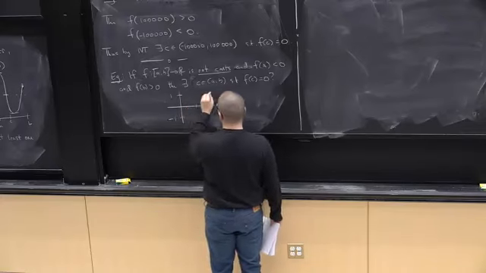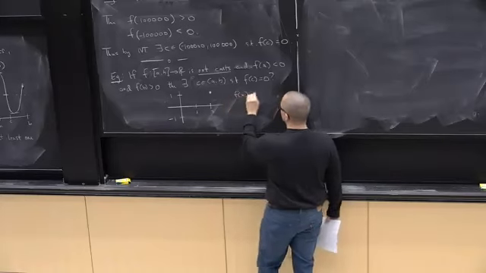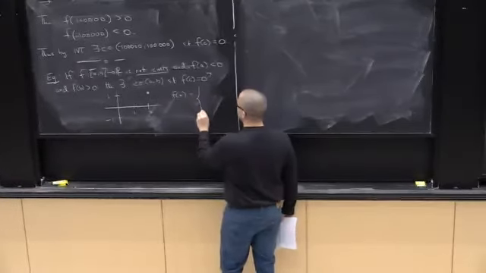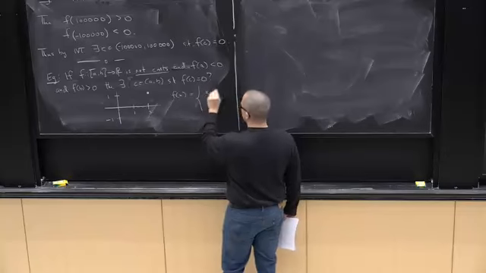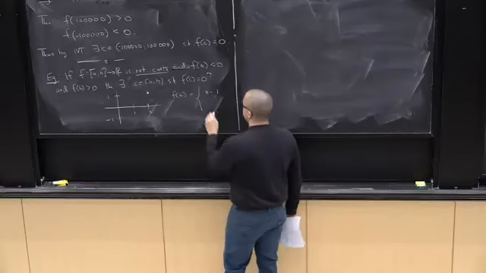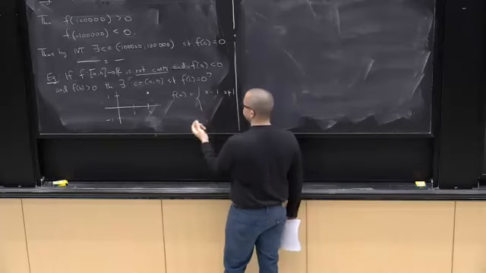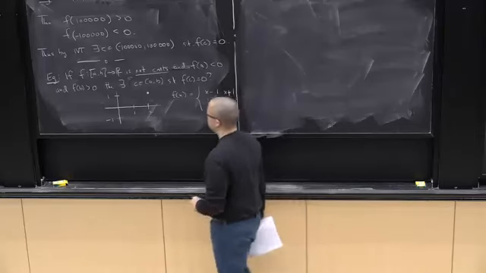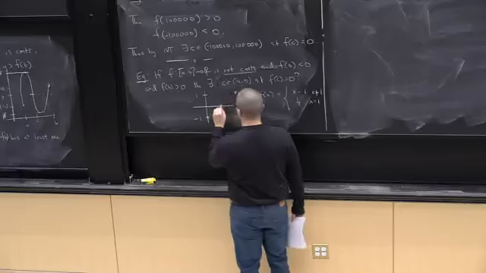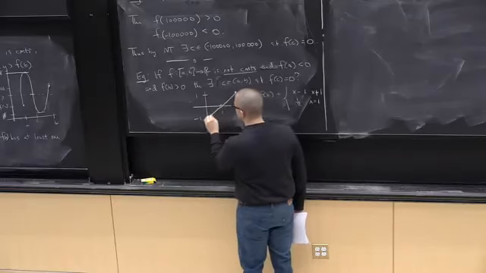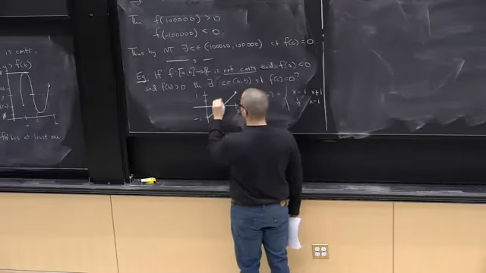So then the function is f of x equals x minus 1, for x not equal to 1, and let's make it a half there. So this function looks like this, with a half there.